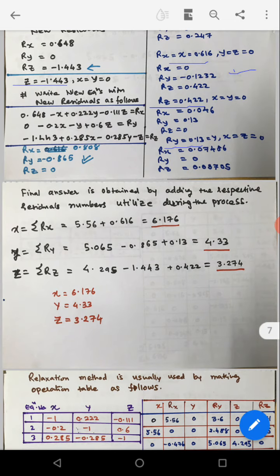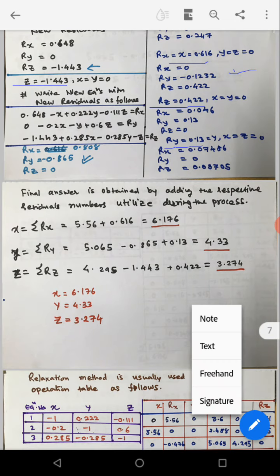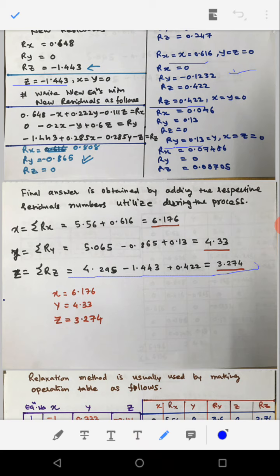So you are adding all these three values to get the final answer.